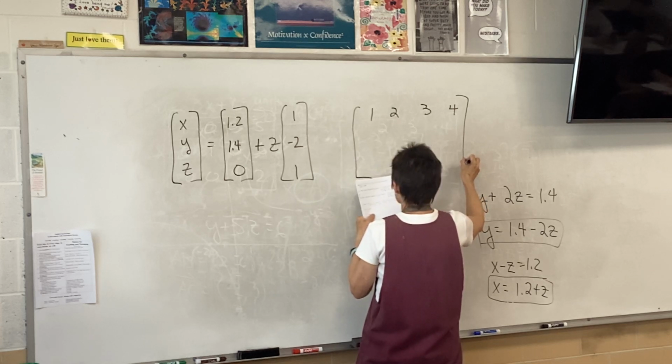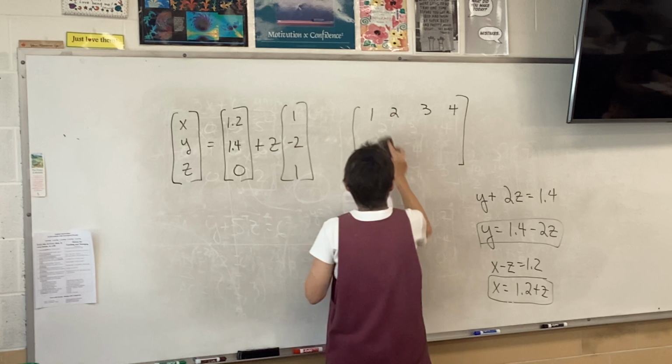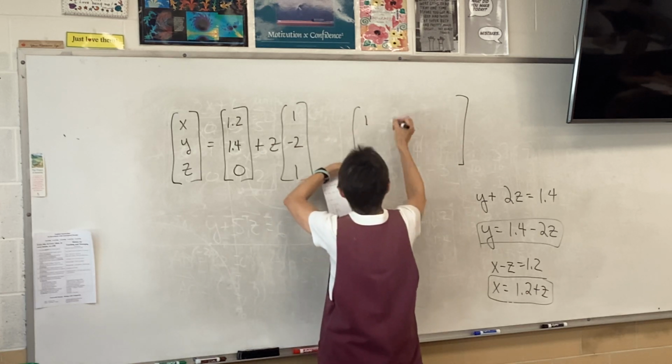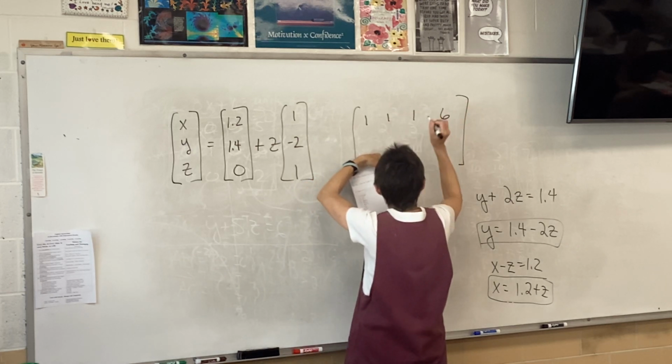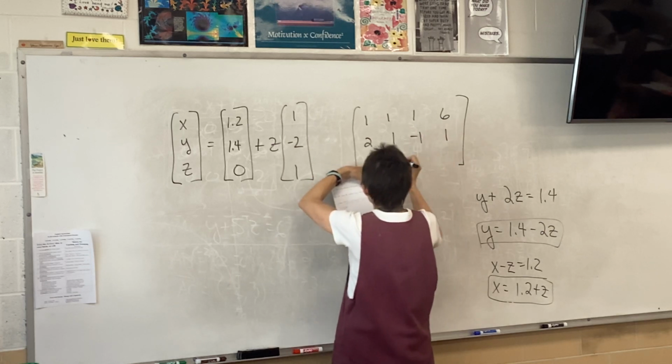Wait, is that what I just did? Yeah. Okay, let's do problem number 2 then. That's what I meant to do. I did problem number 1 with Gauss-Jordan reduction. Now I'm doing problem number 2 with Gauss-Jordan reduction.